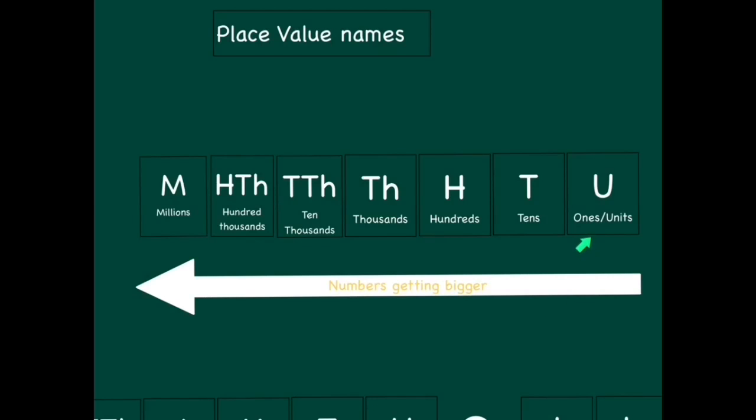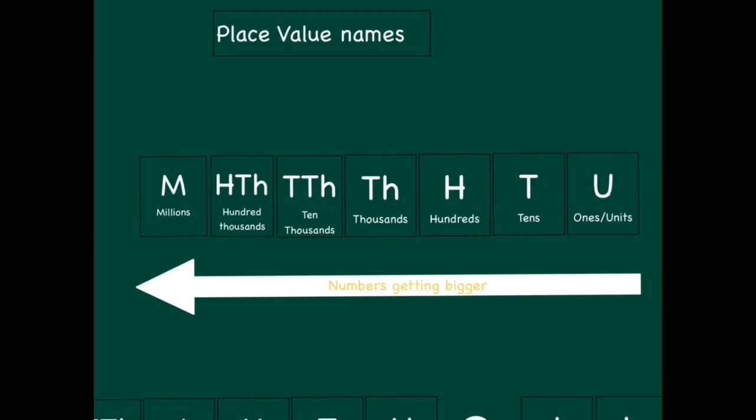We've got the ones place, the tens place, the hundreds place, the thousands place, the 10,000s place, the 100,000s place, and the millions place. And each time we go from one place value column to the next, our numbers are getting bigger. So when we head to the left, our numbers are getting bigger.